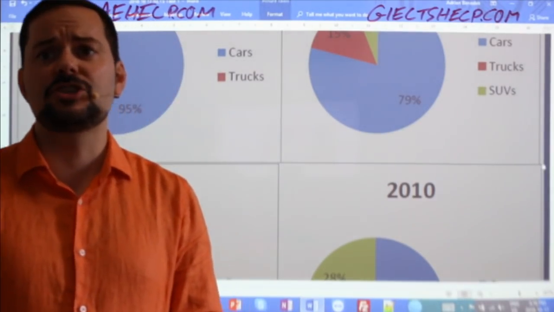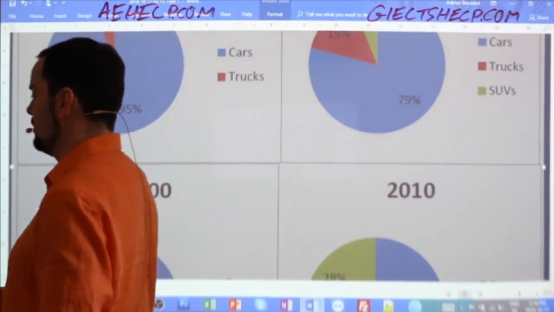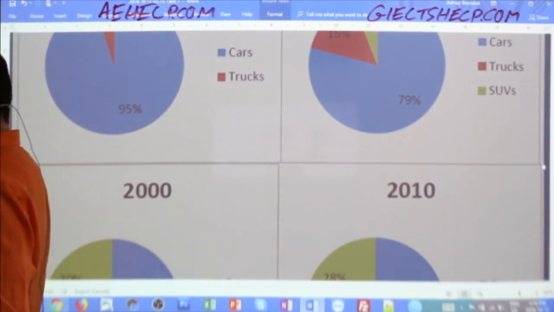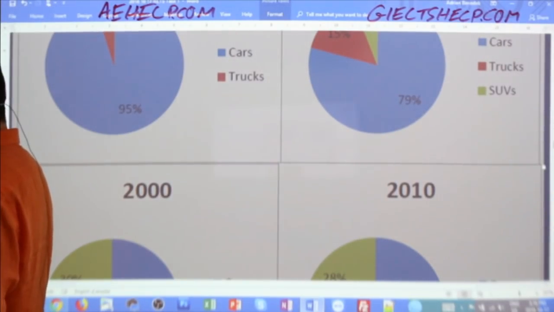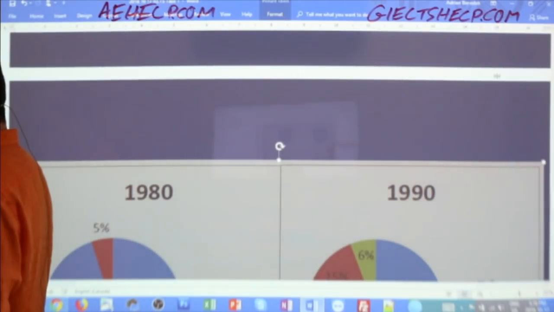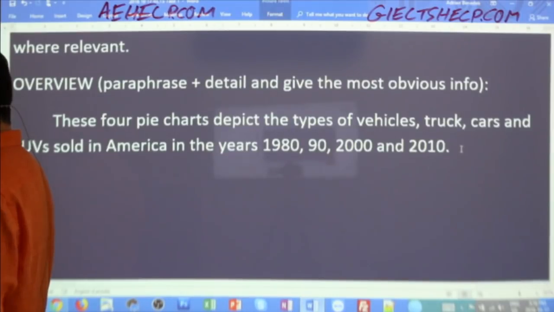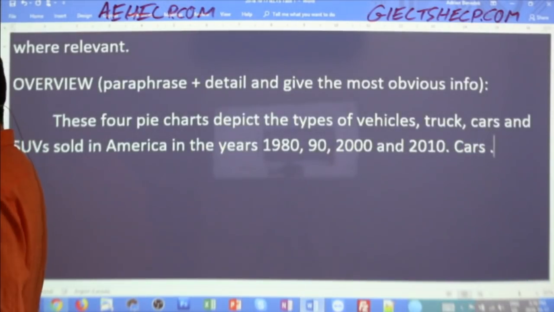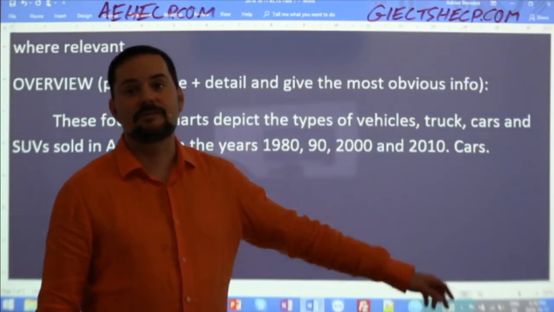So a lot of you have just thrown up a single word there, cars. So if I'm writing my IELTS essay and I just write a single word like cars, like this for my second sentence, and put a period, I will probably get a pretty bad mark for that kind of a sentence.